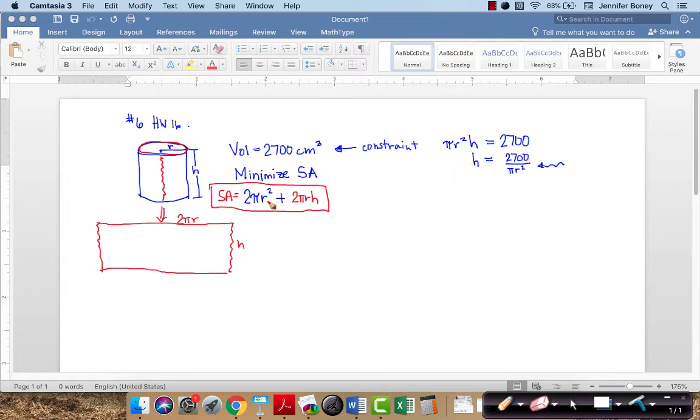So if instead of writing R and H as if they're independent and can be anything, I replace one with its value in terms of the other, not only do I have something that's easier to understand, I also get an expression that is a function of one variable. This would only have r's in it. I'll call it S of r. So 2 pi r squared plus 2 pi r times this. And if I simplify that, 2 pi r times 2700 over pi r squared.